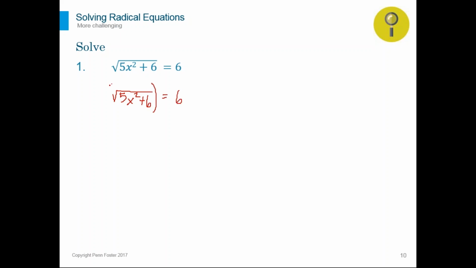So let's square and square. When we square the expression, whatever is under the sign would be the result of squaring the radical expression, equals 6 squared, which is 36, because 6 times 6 is 36. Now it's a normal equation, one variable and then other numbers.